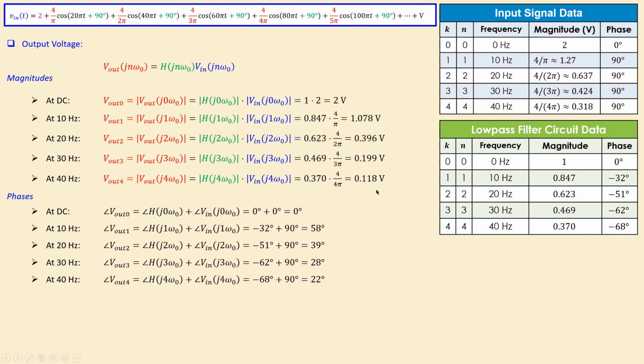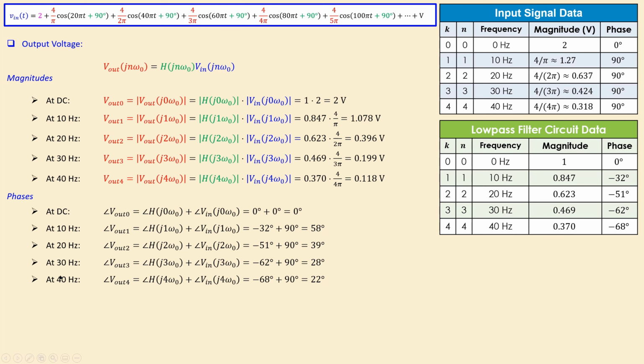For the phases, as said before, the multiplication in the complex domain is equivalent to addition of the phases. So the phase of the low pass filter, the H, must be added to the phase of the input, so that it will be added together. That will result in the phase of your output.